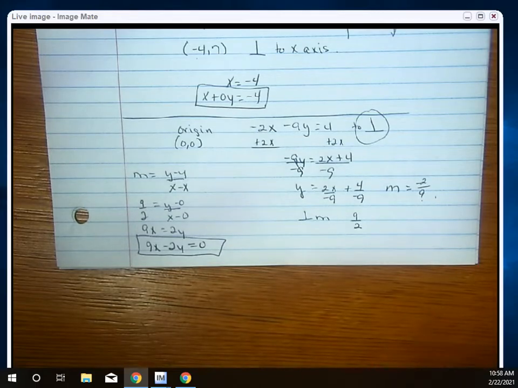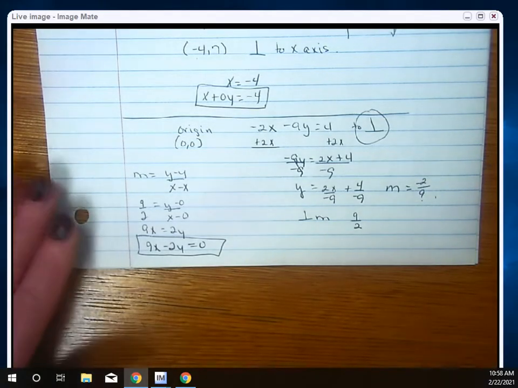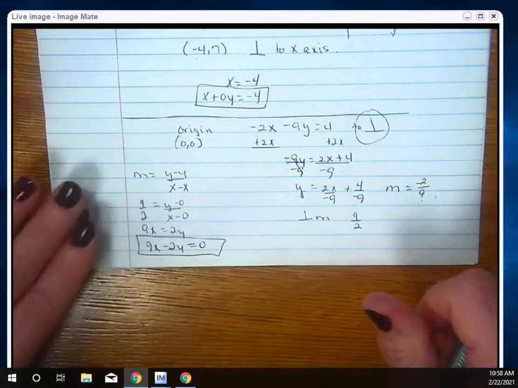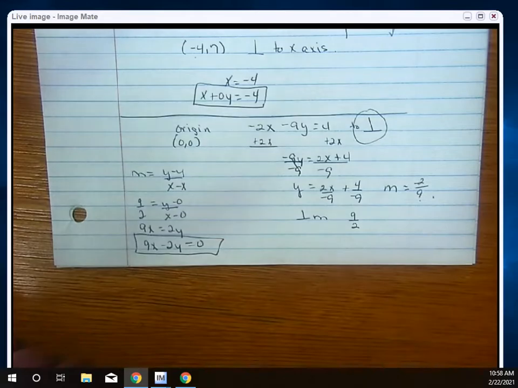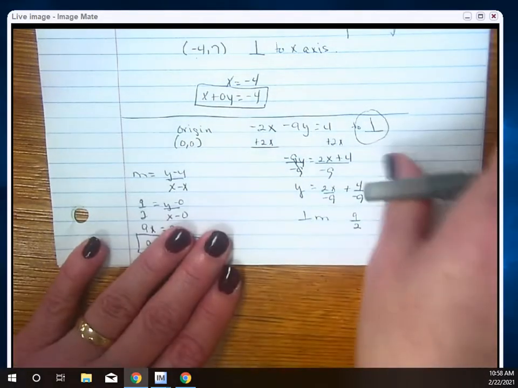Are you okay with that? Do you think you can handle it? For those of you who want a shortcut, I know a couple of you like shortcuts. You can take this equation in standard form and solve it to get your slope.